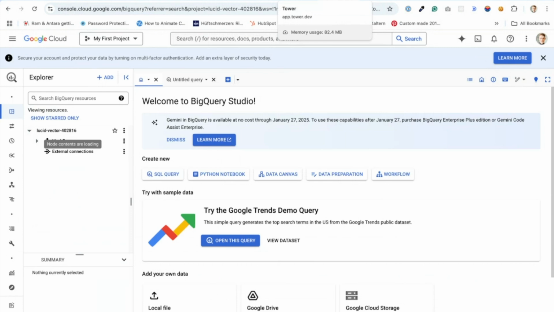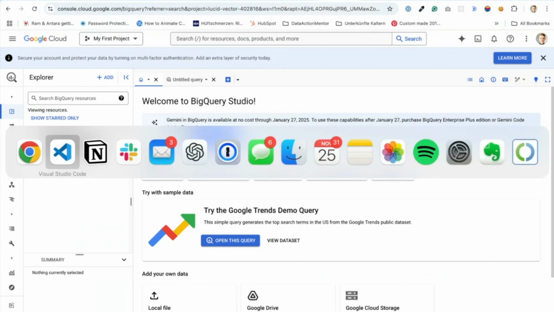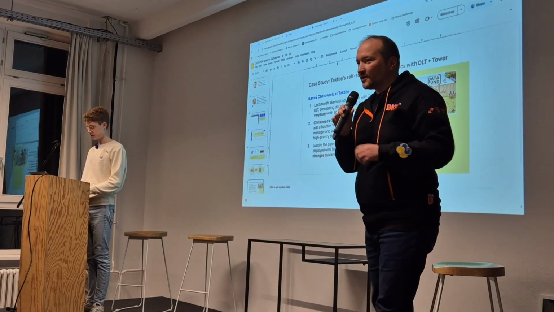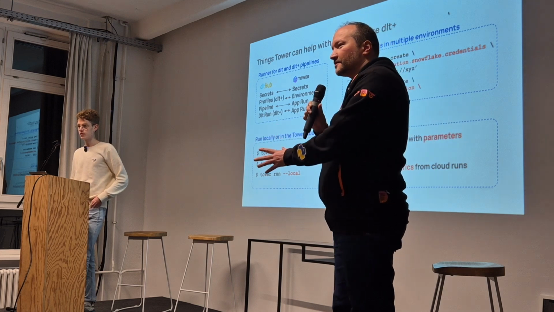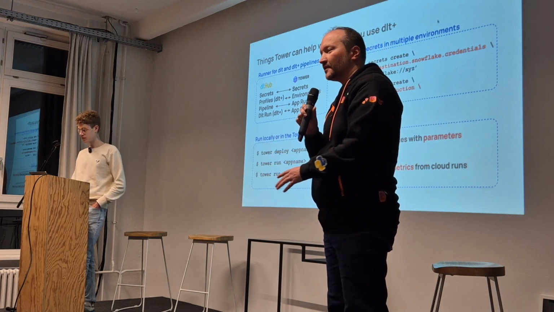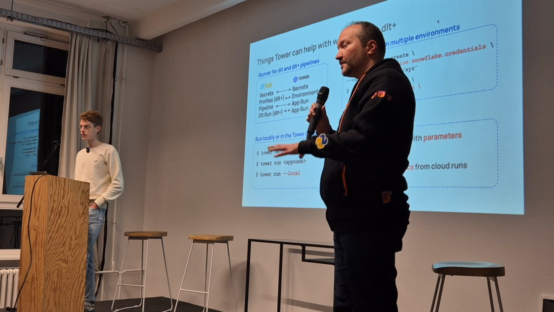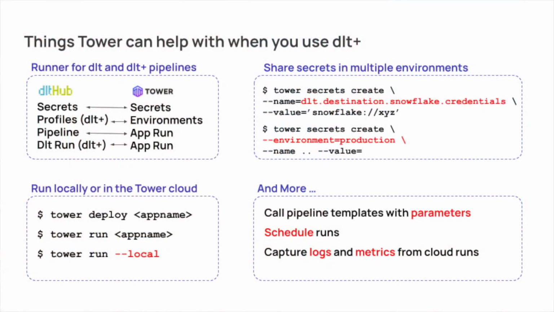And in the meantime, I'm going to give the mic to Serhi to quickly talk a bit about the bigger picture and broader vision of Tower. So as you've seen, Tower enables you to take this amazing DLT Plus functionality and move these applications to a cloud production environment. We work great with DLT Plus. We integrate on the secrets level.